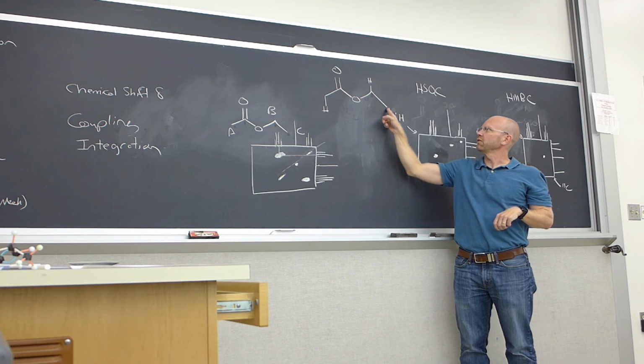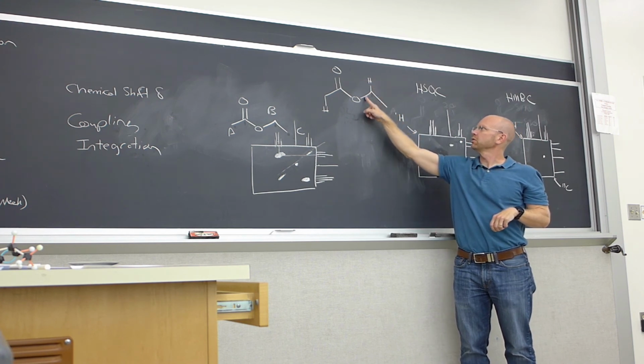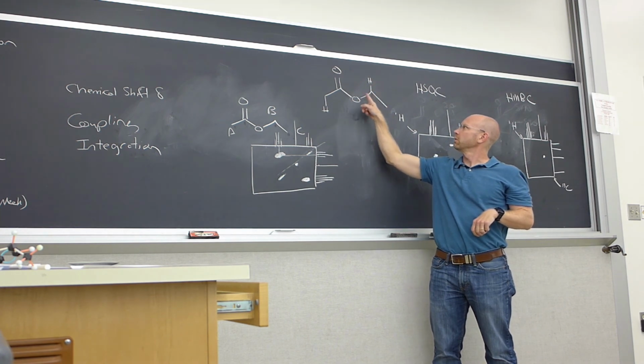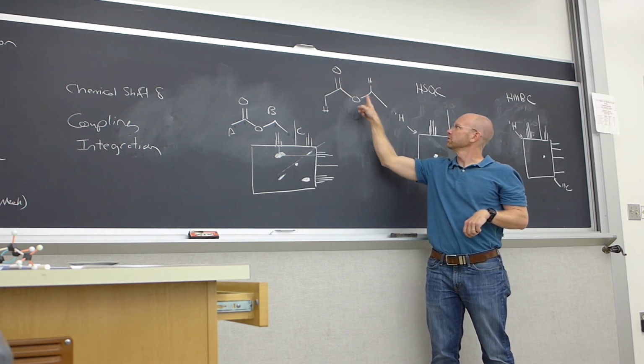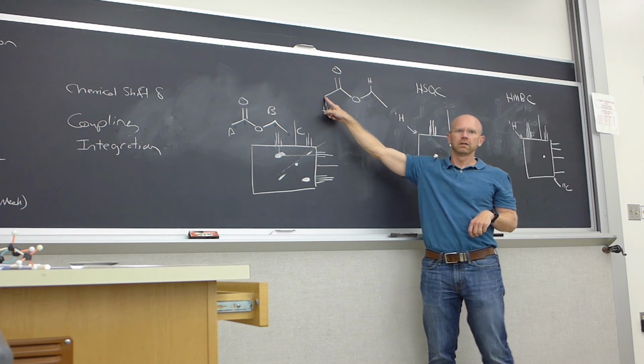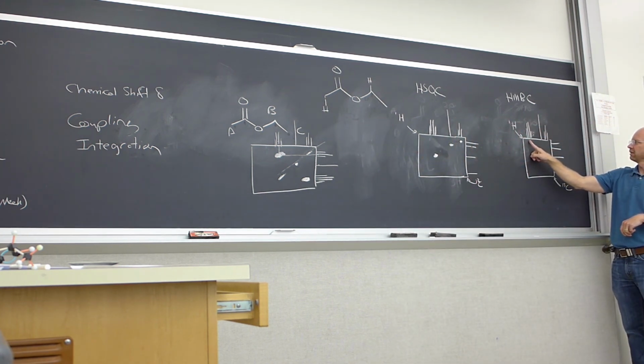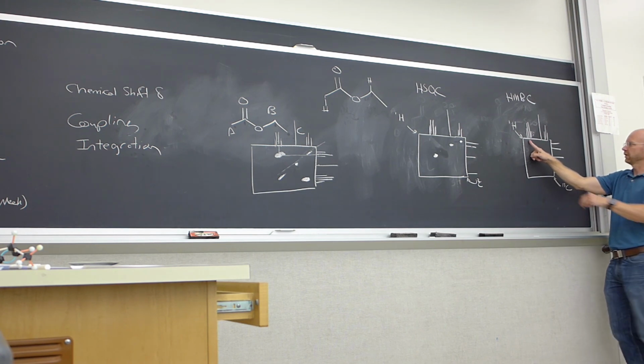1, 2, not far enough. 1 bond, 2 bonds, 3 bonds, that carbon. 1 bond, 2 bonds, 1, 2, 3, 4, that carbon. So that proton, which is this set right here, might have 2 different cross peaks.